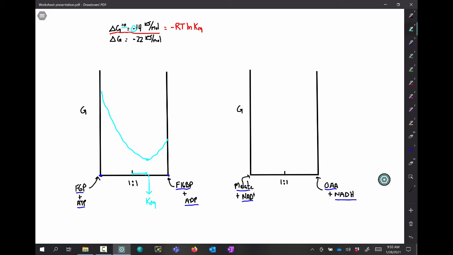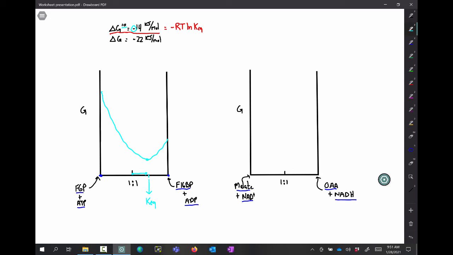At any other point along the free energy landscape, or any other point other than the KEQ, we have a free energy value that sits above that of KEQ. And therefore, the reaction is going to drop to that lower energy level, and it's going to adjust its product-to-reactant ratio in order to obtain that lower free energy value.